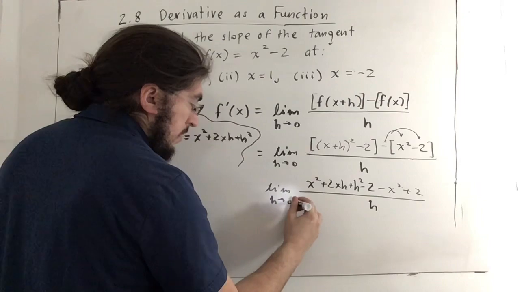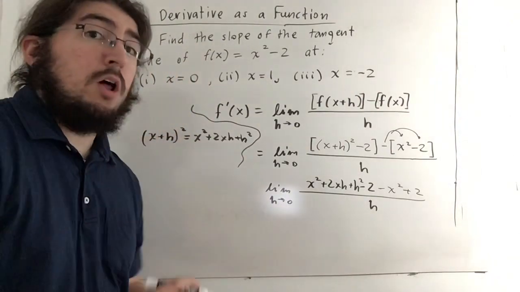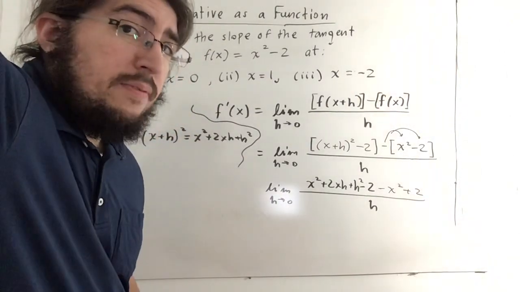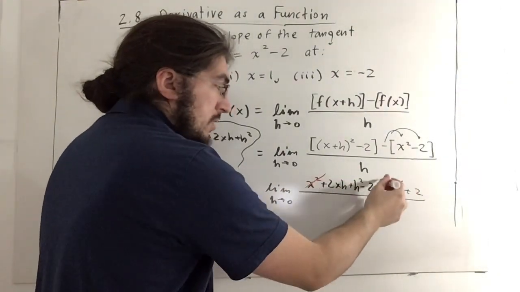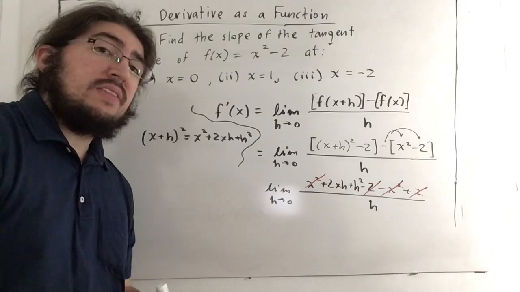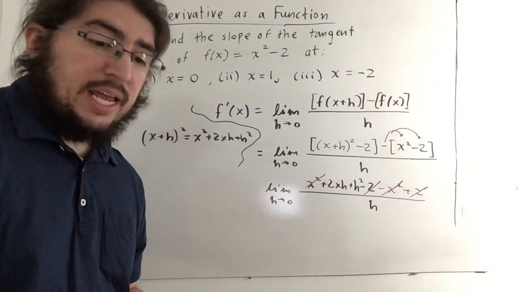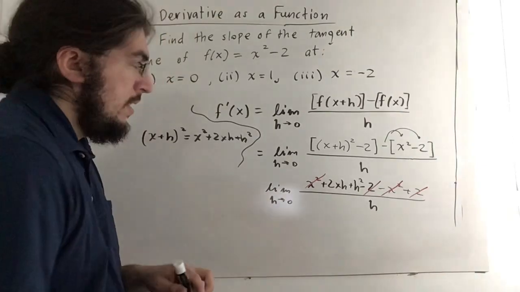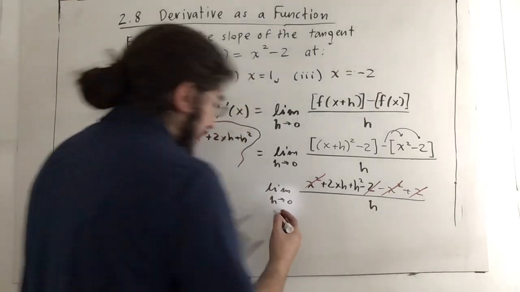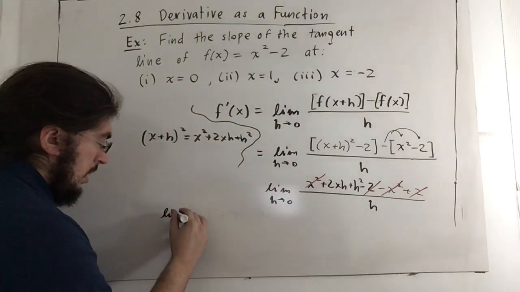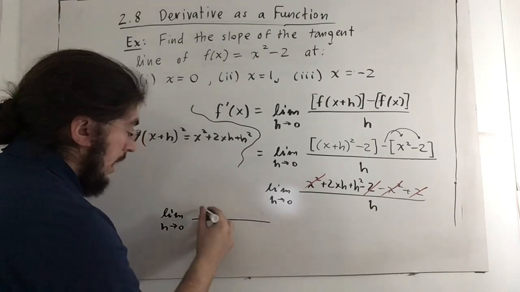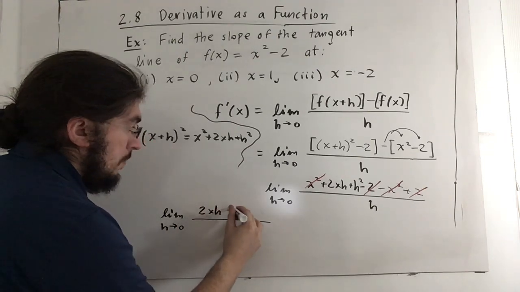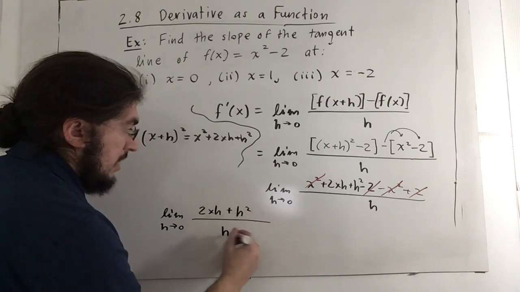Limit as h goes to 0. And here's what happens, and here's what will always happen. Everything except for anything involving h will cancel out. X squares cancel, 2's cancel. Notice everything that survives on top involves h only. So what we have left now is, limit as h goes to 0 of, on top, 2xh plus h squared all over h.